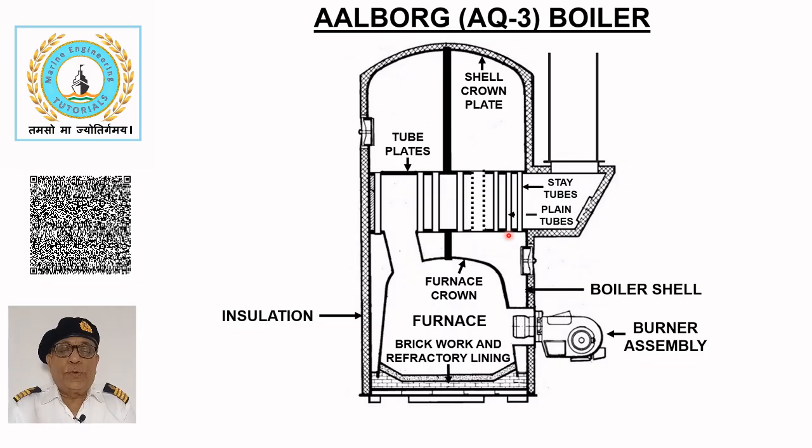The generating tubes consist of plain and stay tubes, which are in the ratio of 2:1. The straight tubes are arranged in the form of a ring as close as possible to the periphery of the tube plates to reduce stress concentration caused by steam and water pressure that tends to bulge them inward.